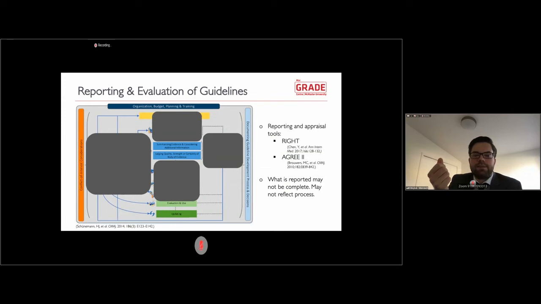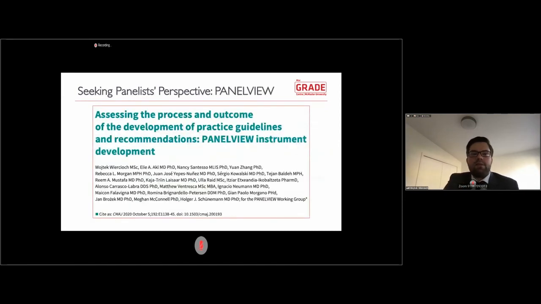And these other aspects may remain unknown to those not participating in the process. And for this, we sought to develop an instrument that would allow us to seek the participating panelists' or guideline group members' perspective, which we had published recently at the beginning of October, and it's called the Panel View Instrument.